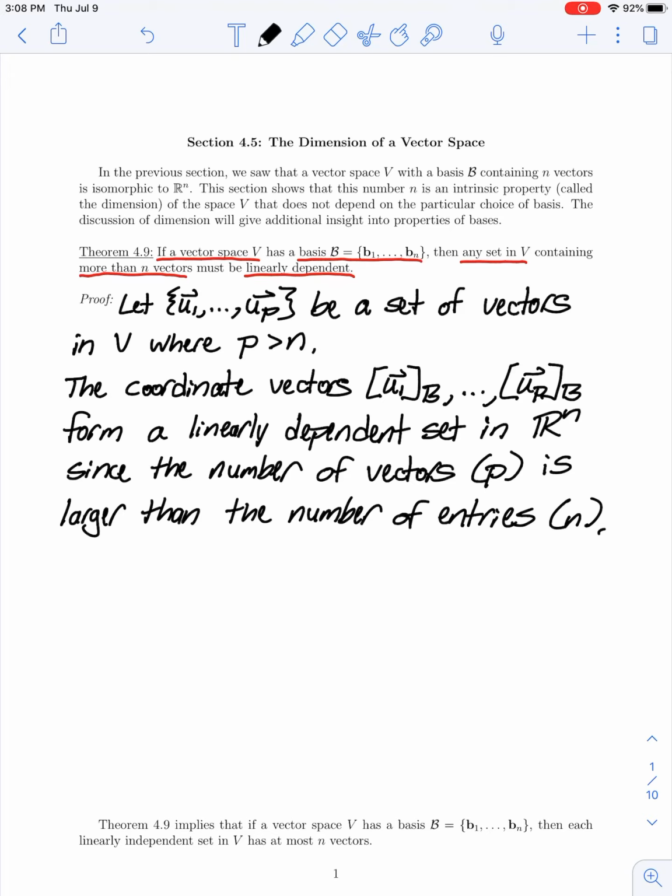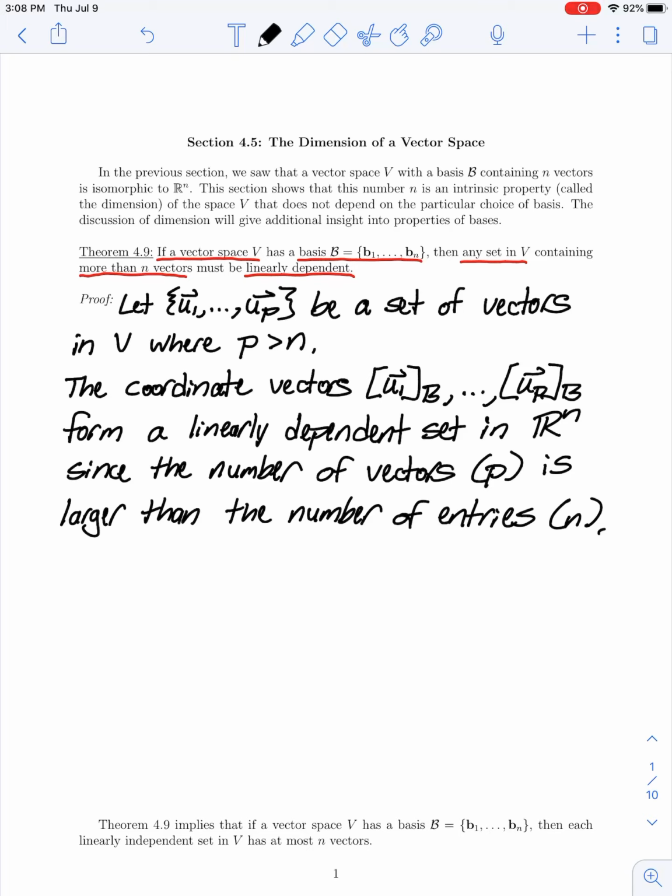So here, since we had n basis vectors, each of these coordinate vectors is a vector in Rn, but we have p total vectors in Rn, where p is greater than n. So recall from our Chapter 1 material that if we have more vectors than the length of the vectors, that set must be linearly dependent.